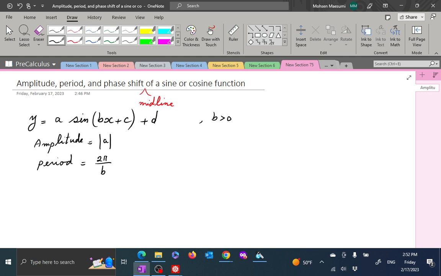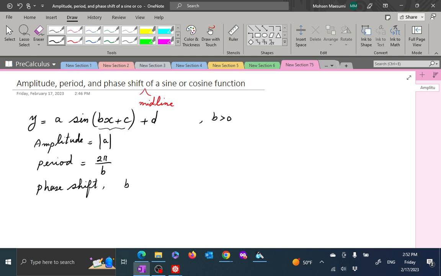Then we have a phase shift. So that is perhaps the new terminology here, phase shift. Let me say it like this so that a certain confusion is avoided. Just remember, in all the pictures we had, we were trying to find out where 0 goes. We set that thing equal to 0.